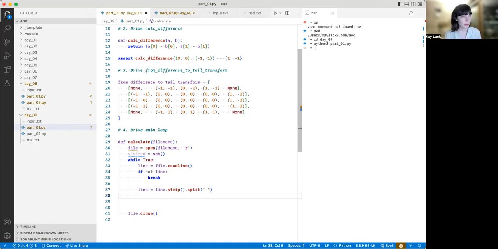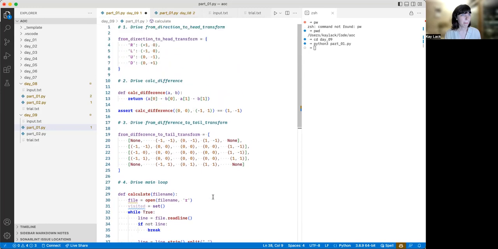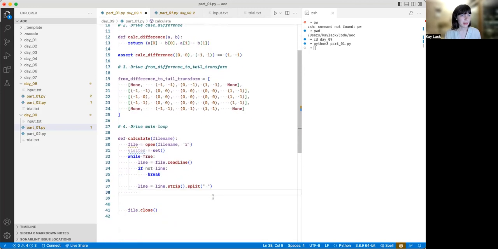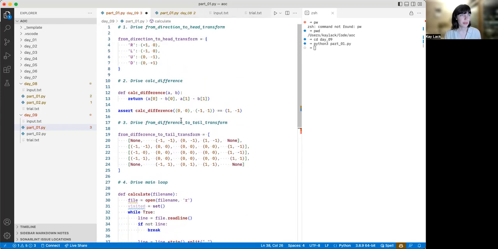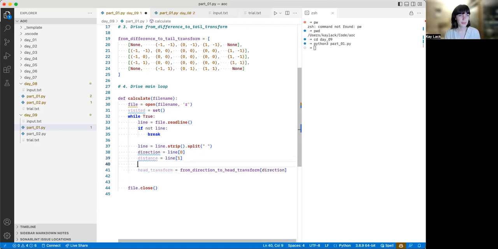And then we've got line 0 being the direction. So let's get head transform equals, okay. Let's make this a little bit nicer. Direction equals line 0, distance equals line 1. Okay.